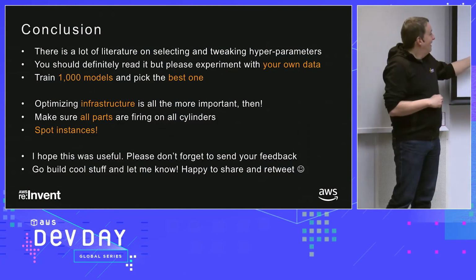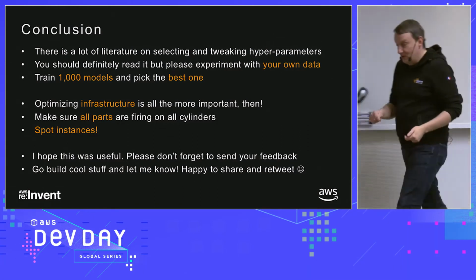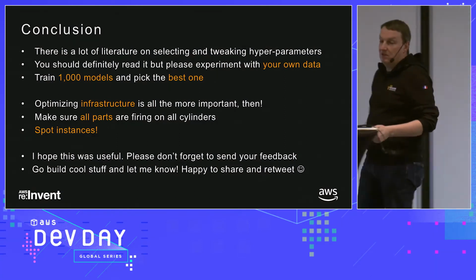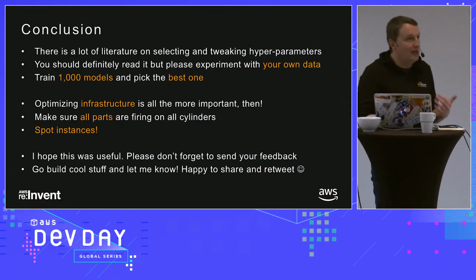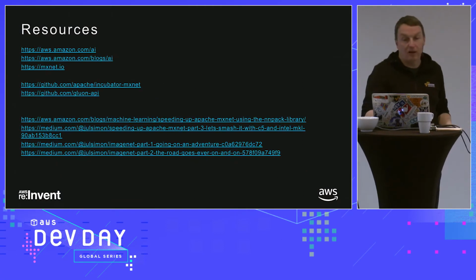No promises. Okay, so, well, I hope this is useful. I know it's a lot of different techniques, but you really need to worry about all of this as well.